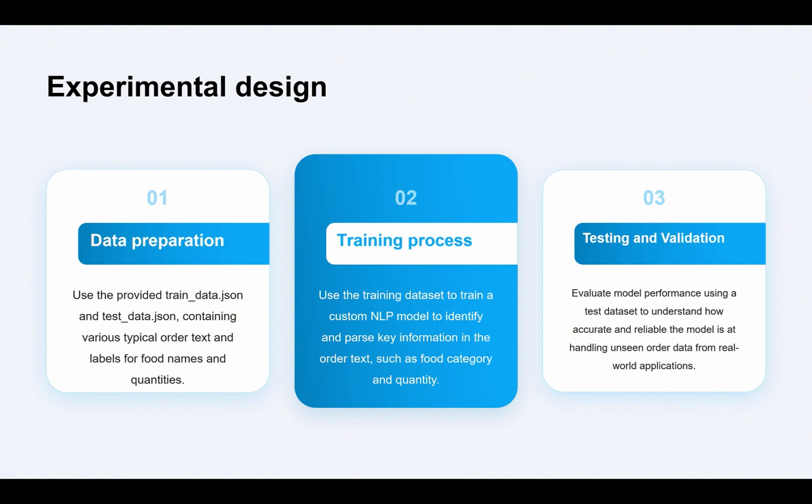Testing and validation. Use test data to evaluate the performance of the model. This step will help us understand how accurate and reliable the model is when dealing with unseen order data in real-world applications.